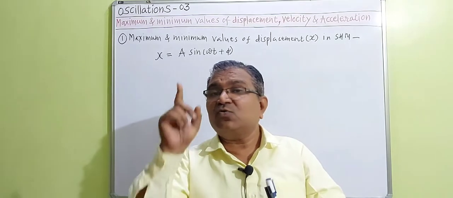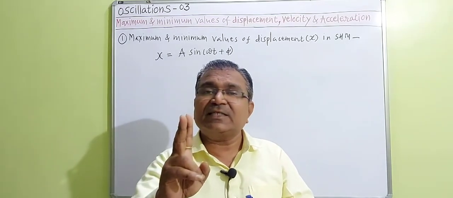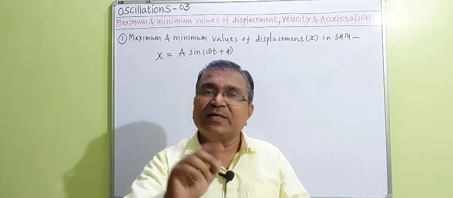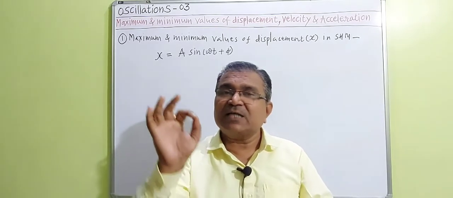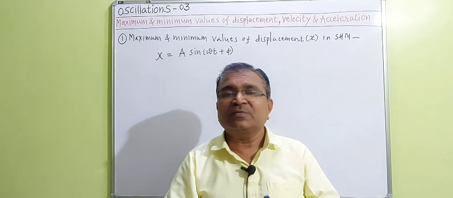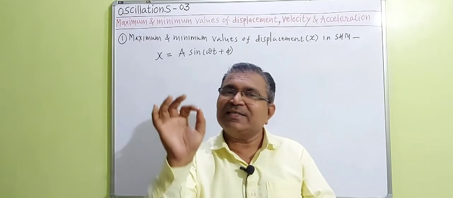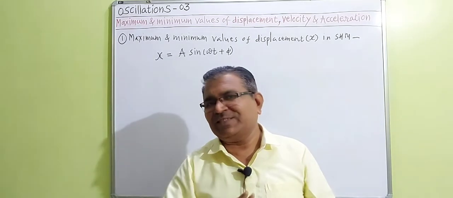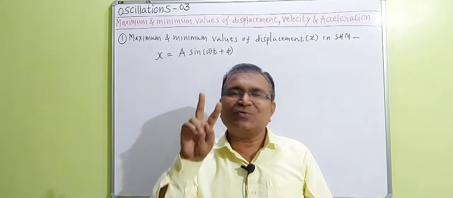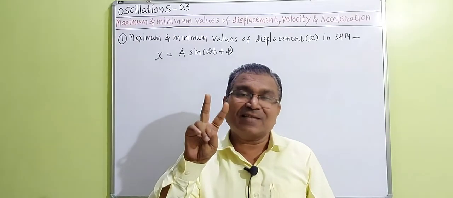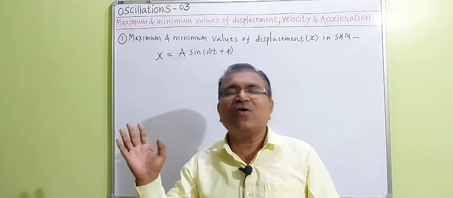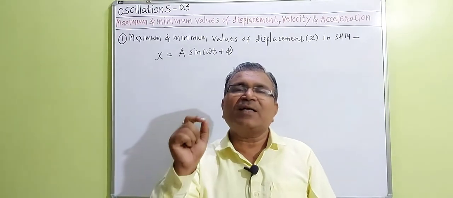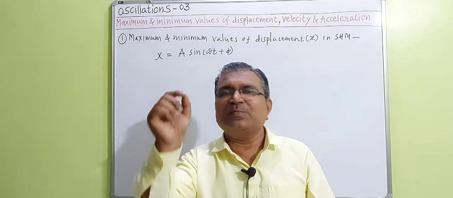These are 2 different sentences, dear students, mind well, don't confuse: particle starts from mean position and particle is at mean position. They have different meanings. So here we have to consider the particle is at mean position.